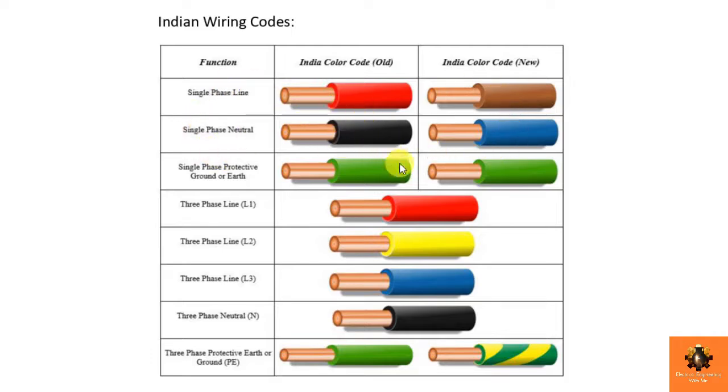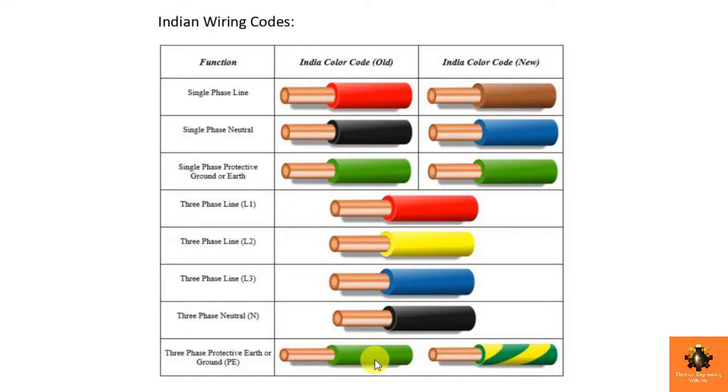So after this come to the 3 phase system. As I have told you, in a three-phase system, three wires are used as phase wires. So red, yellow and blue colors are specified for phase lines, and black is for neutral wire. Okay, and in a three-phase system, colors for phase lines and neutral are the same as per old standards, meaning there is no change in the three-phase system except the earthing wire.